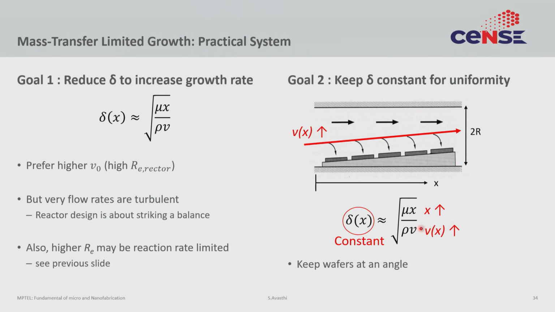And as the velocity increases, you can come up with an angle or a shape where the increase in the velocity exactly compensates for the increase in distance x, overall keeping delta constant. So keeping wafers at an angle is the easiest way to get a relatively uniform boundary layer and hence relatively uniform deposition.